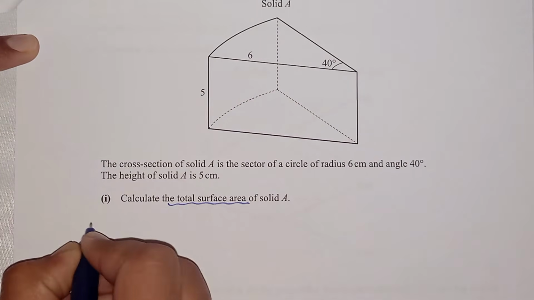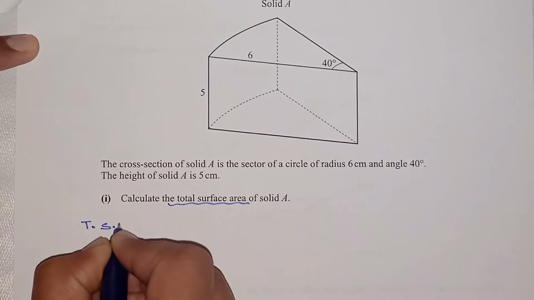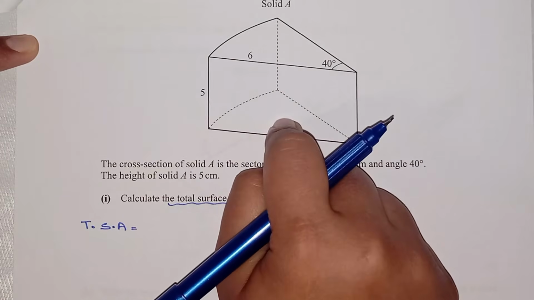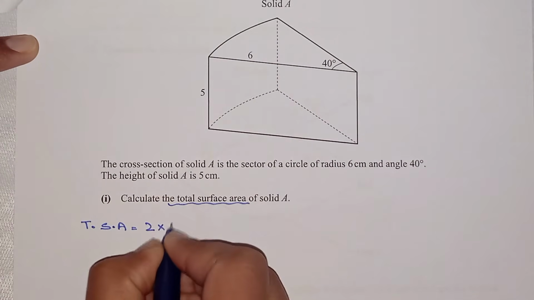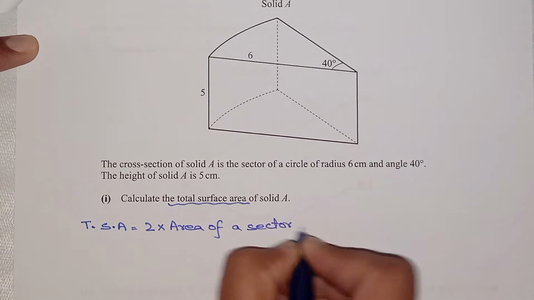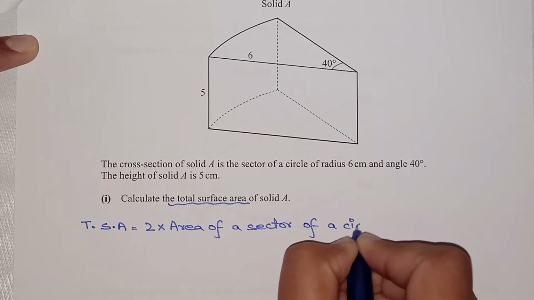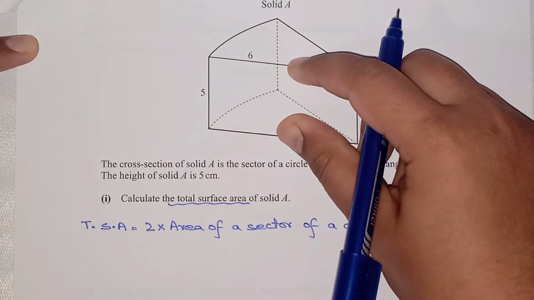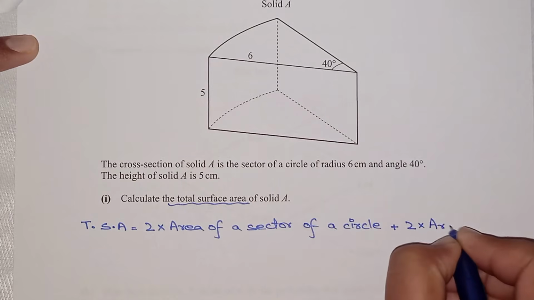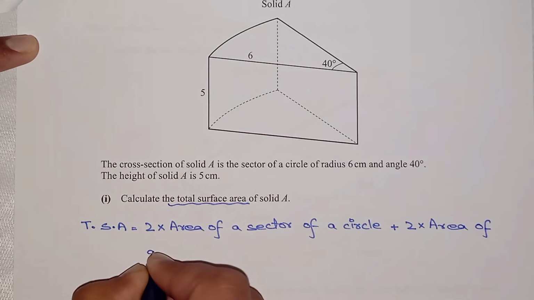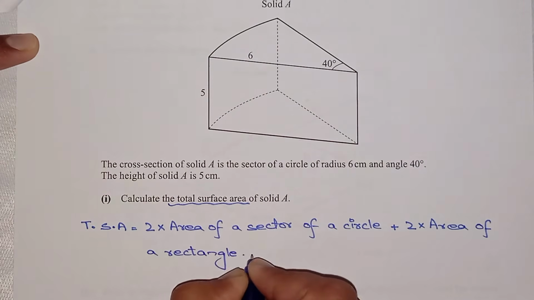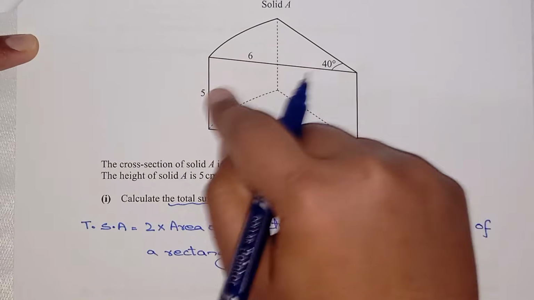So how can we find out the total surface area of solid A? The total surface area would be equal to, the top and the bottom are a sector of a circle, so 2 times the area of a sector of a circle, right, plus this shape is a rectangle, so we can say 2 times the area of a rectangle, right, and plus this curved shape, the front one is a curved one.